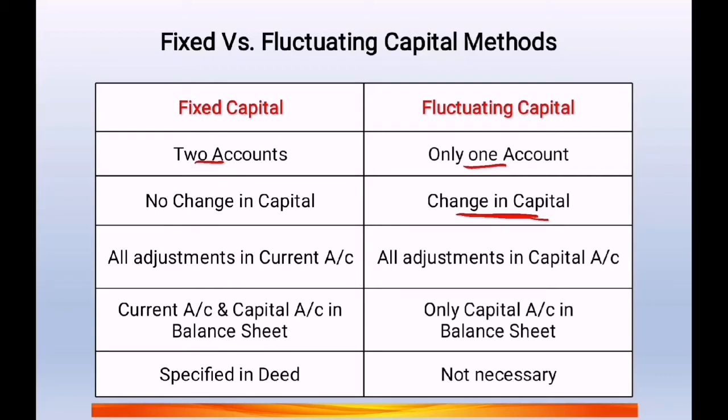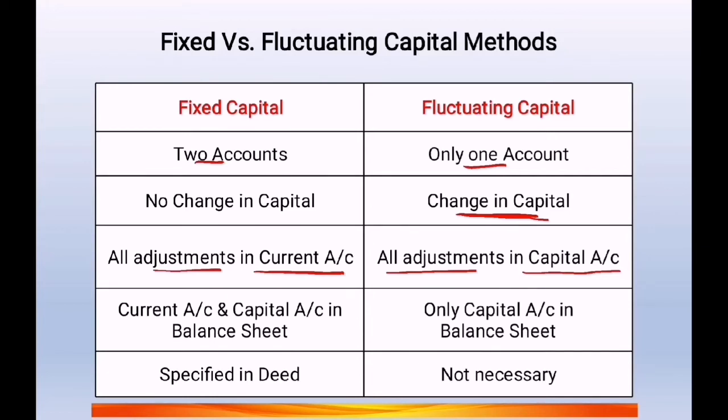The third difference is that under the fixed capital method, all the adjustments are always done in the current account, because capital remains fixed and all other changes are done through the current account. In the fluctuating capital method, all the adjustments are done through the capital account only, because there is one account in this method and all the transactions will be recorded either on the debit side or on the credit side depending upon the nature of the transaction.